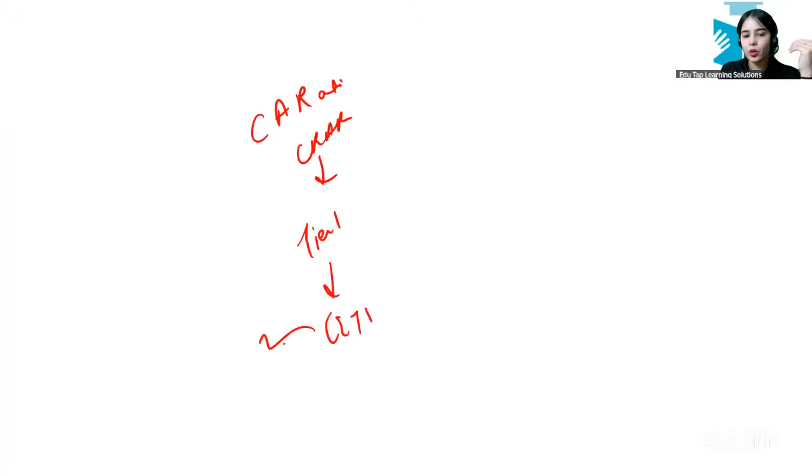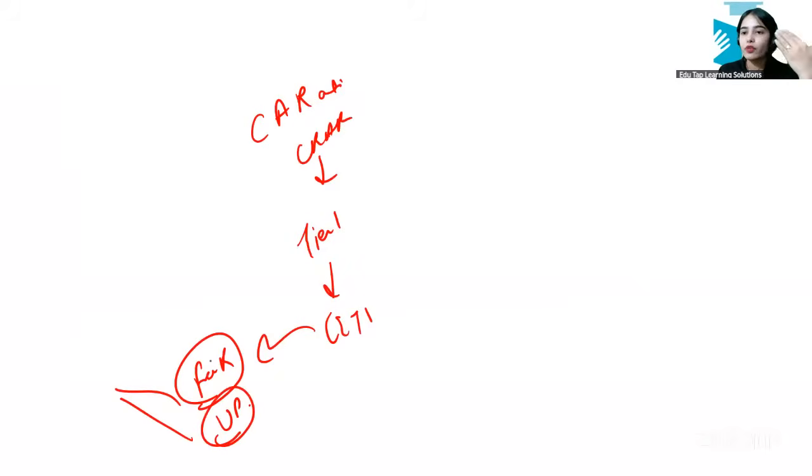So basically, in the capital adequacy ratio, the CRAR, when we talk about the tier 1 capital, the common equity tier 1 capital, that also includes the free reserves, that also includes the undistributed profit. So that was also being calculated on the basis of the previous profits and the previous undistributed profit.